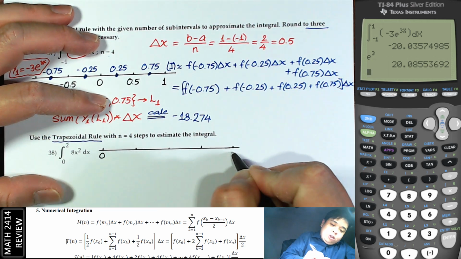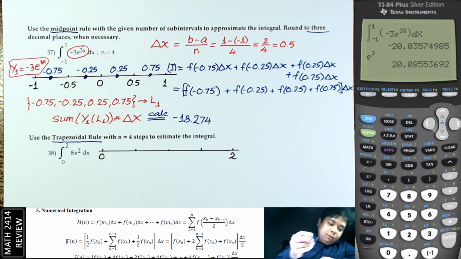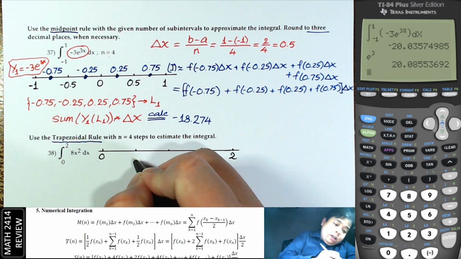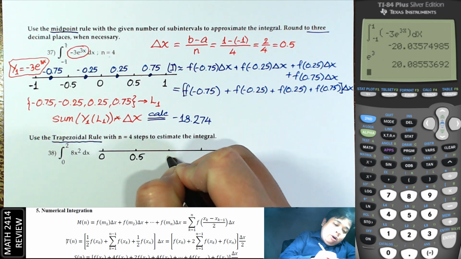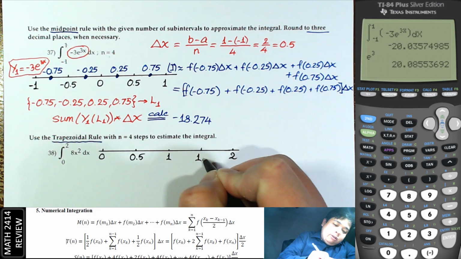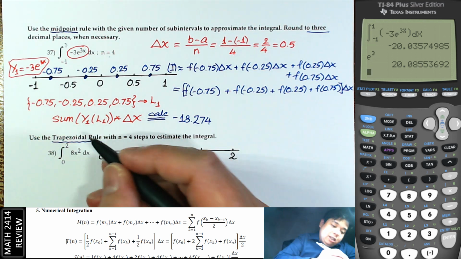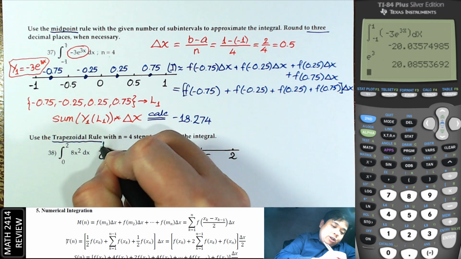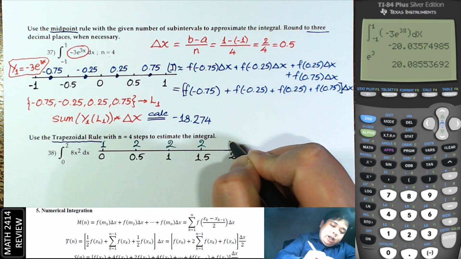Go from 0 to 2. Right, the increment will be 0.5, 1, and 1.5. The difference in the trapezoid rule is that the coefficients are going to be 1, 2, 2 in the middle, and then 1 at the end.